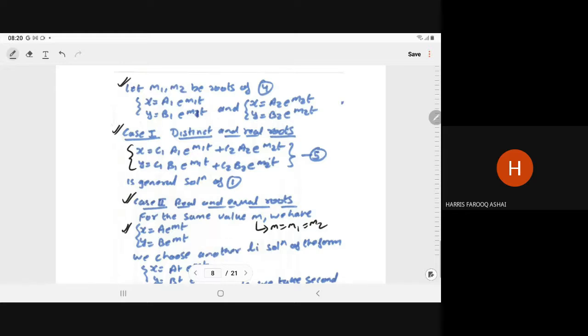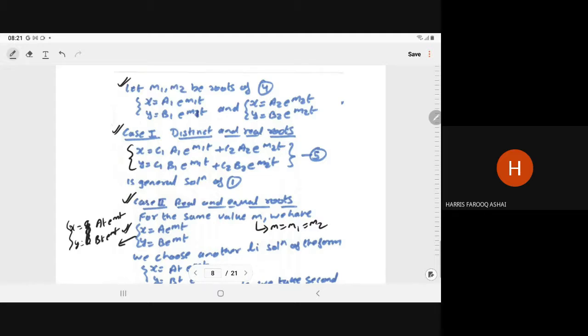So for the one root you can write x is equal to a e to power mt, y is equal to b e to power mt. So from the previous story, in general, we write the second linearly independent solution as x is equal to a t e to power mt. Generally, we multiply with the t, and y is equal to b t e to power mt.